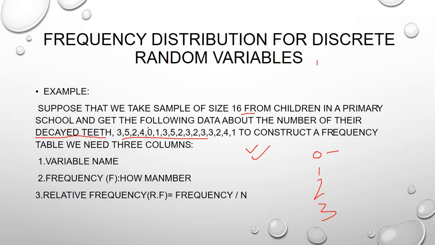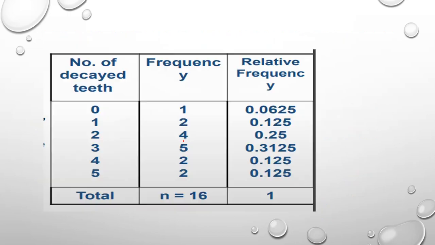Here I have only one 0, so I get a frequency of 1. For 1, I have two frequencies. Like this you can construct each and everything. When you add up all frequencies, it will be equal to our data set values. Now we can see it in sequence.